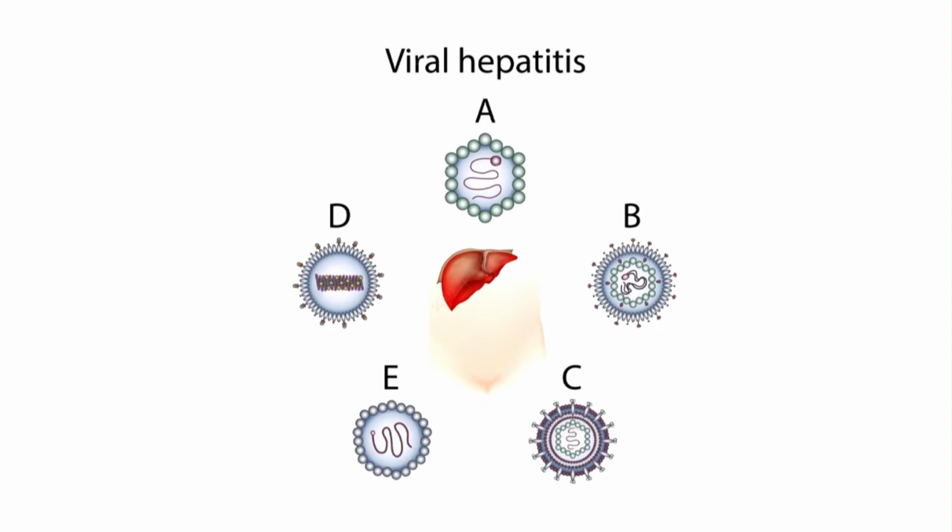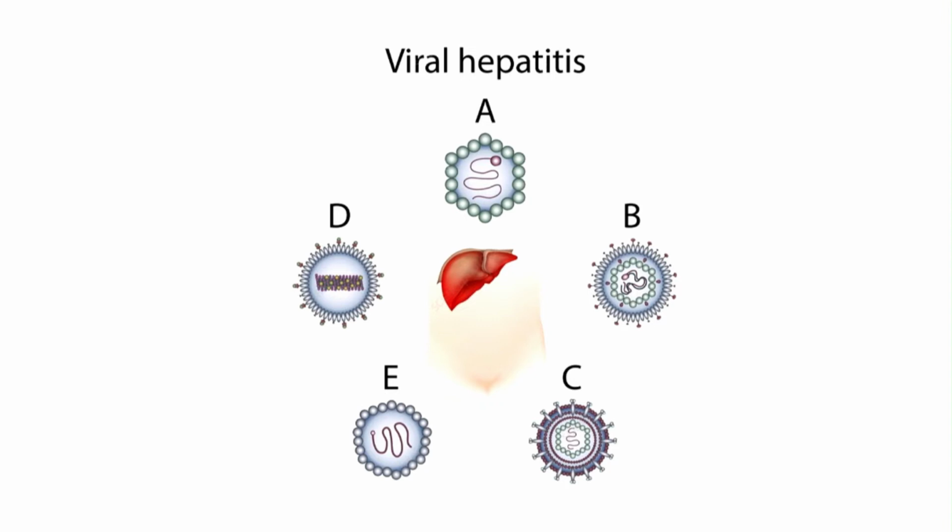Here I have to give a brief discussion about these types of viral hepatitis. All of these viruses, I mean hepatitis type A or B or C, occur due to viral infection. All these viruses are different genetically.